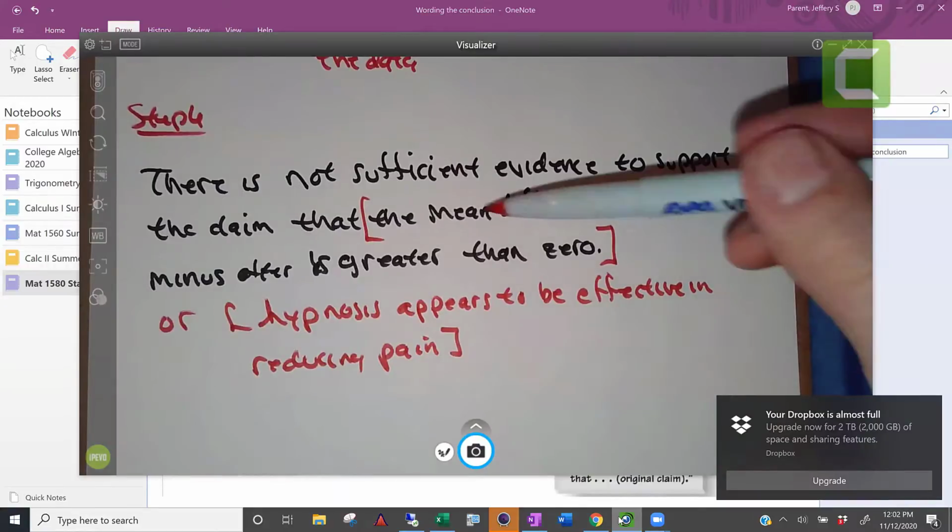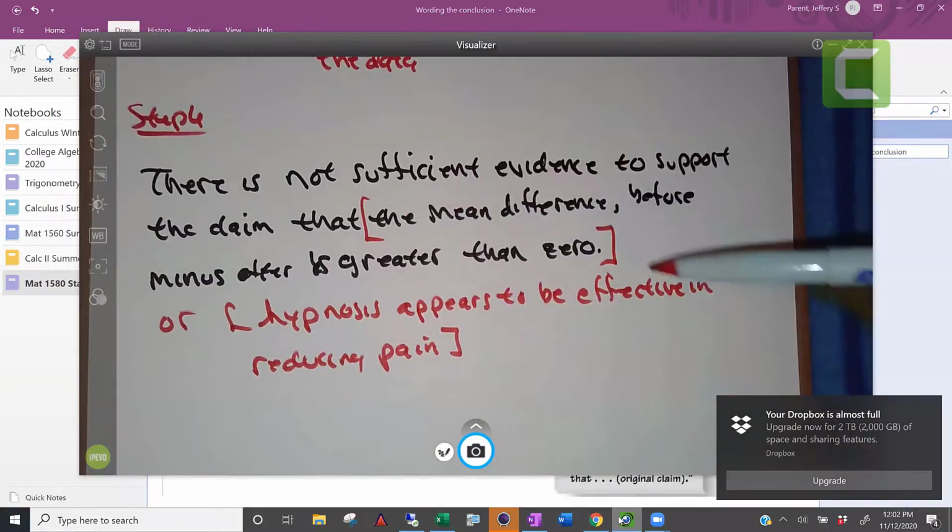Okay, so you could either use what I have in brackets or what I have below in red. Both of them would be fine. Awesome.